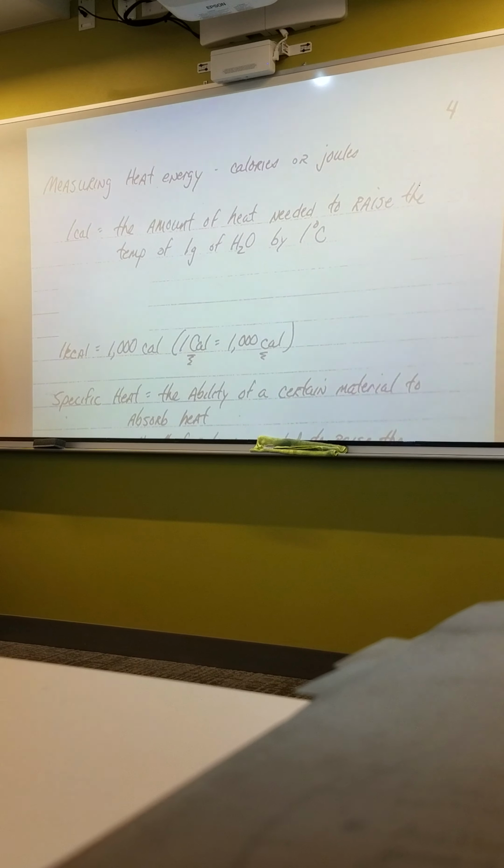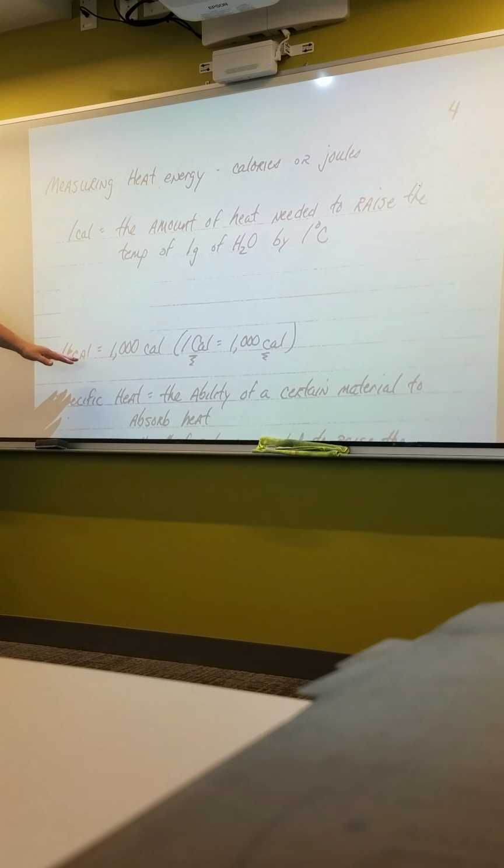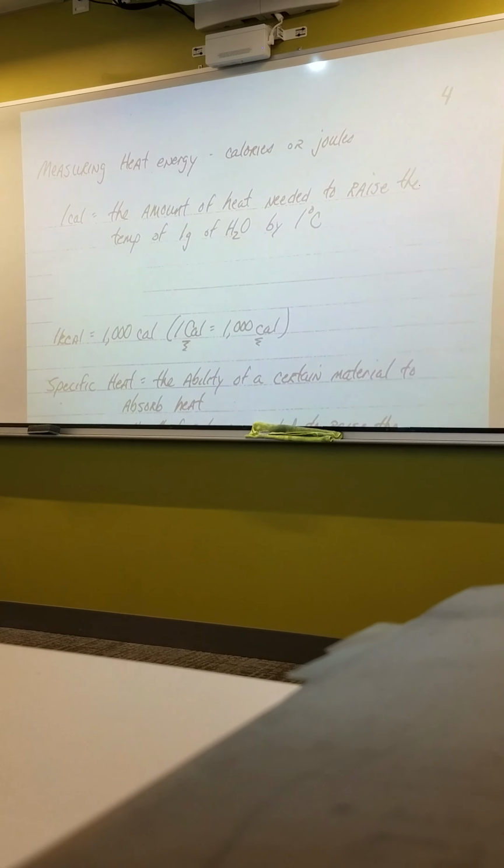So when you look at a candy bar wrapper and it says Calories on it, it's actually kilocalories. So food energy is always going to be in kcals, or for some reason, just say Calories with a capital C, which equals 1,000 calories with a small c. Just remember food energy is in kilocalories.